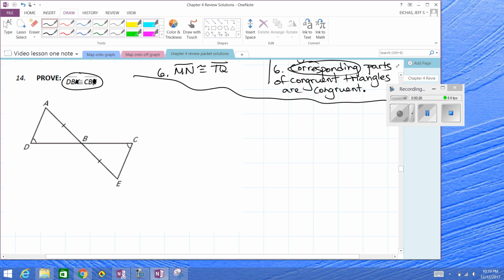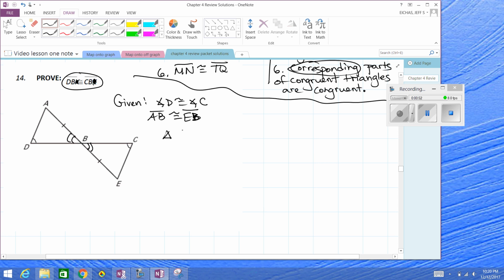What we can do is it looks like it's given that angle D is congruent to angle C, and it also looks like it's given that AB is congruent to EB. Okay, so let's assume those are given since they're not listed, but they are marked. What we can get on our own, other than the givens, is that those vertical angles are congruent.